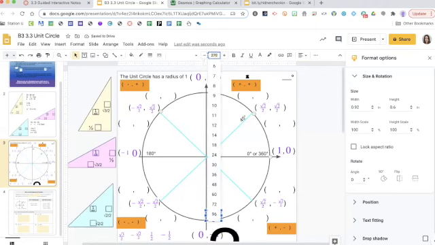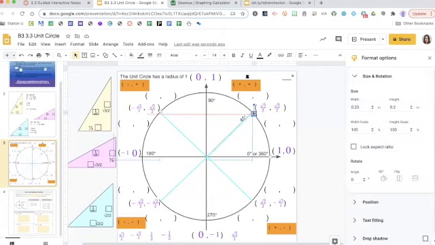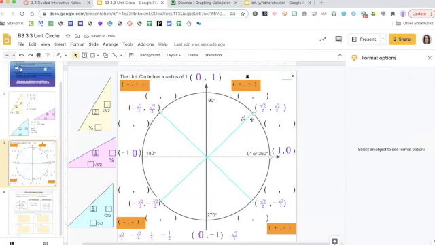Oh, that's not what I meant. I meant to do 20 here. There we go. All right, so 0 or 360, 90 degrees, 180, 270. And I've been asked to slow down, so I'm going to give a second to pause so that you can play catch up.